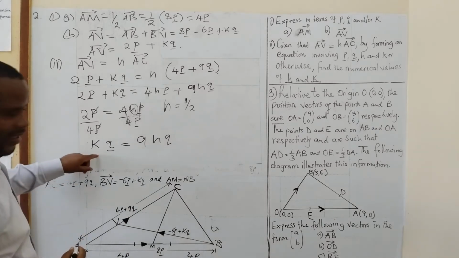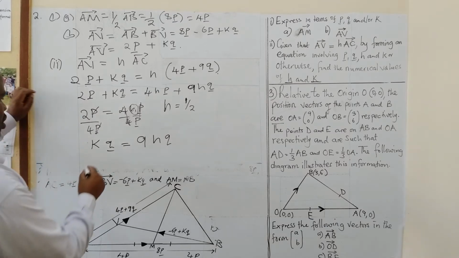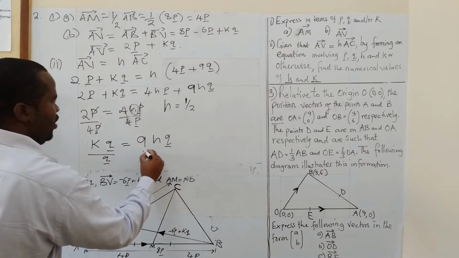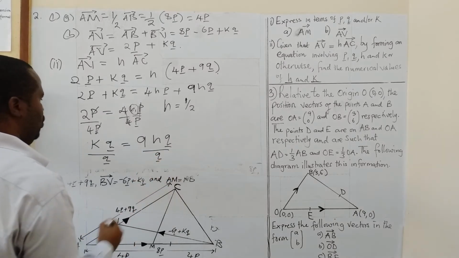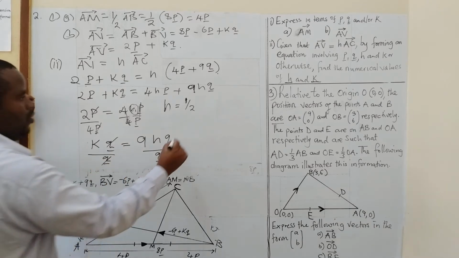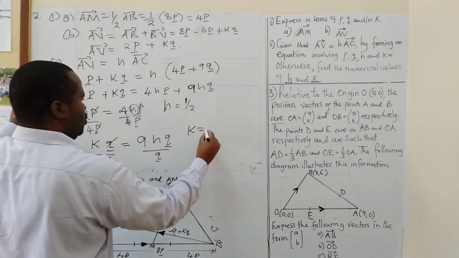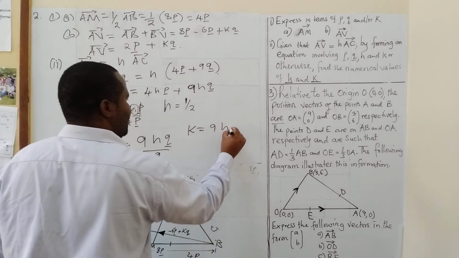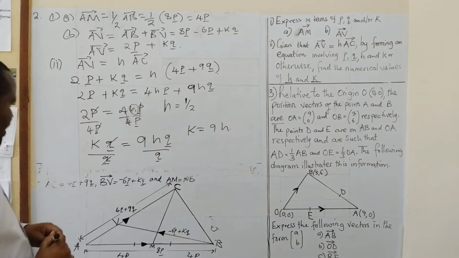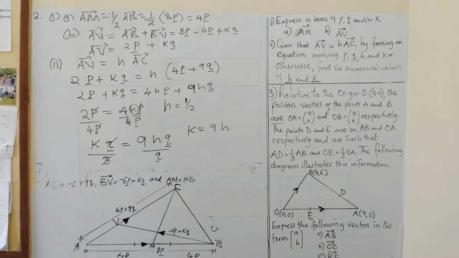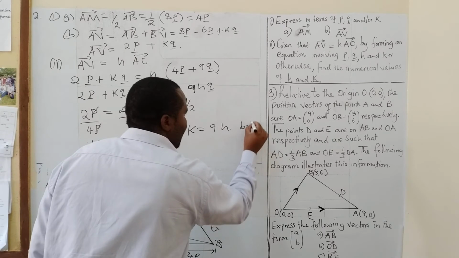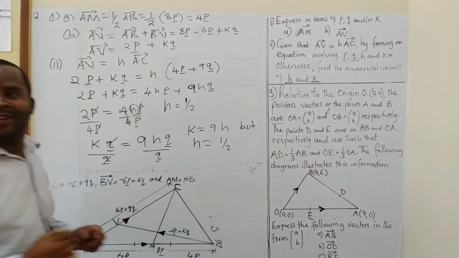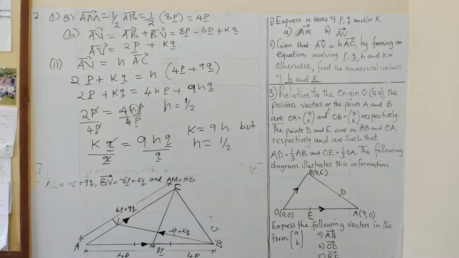Then my interest is to get K. So I'll divide by Q, and here you divide by Q, alright? So this and this will cancel. Our K shall be equal to 9H, alright? But what is our H? H is equal to 1 over 2. Alright? You see how simple these things are?